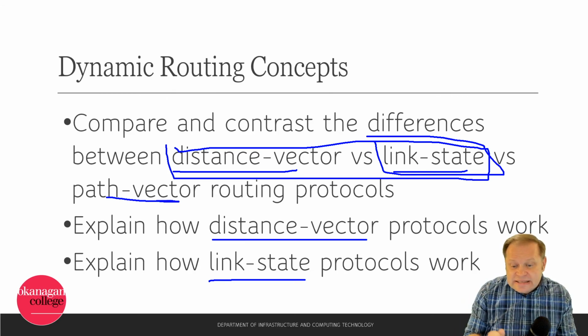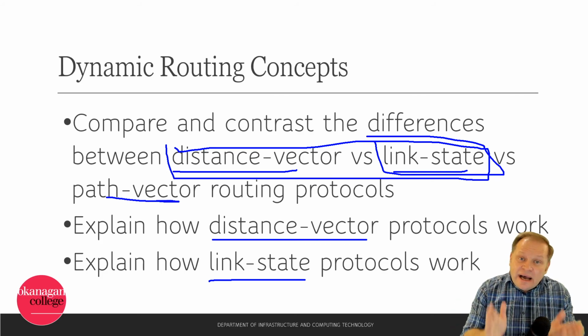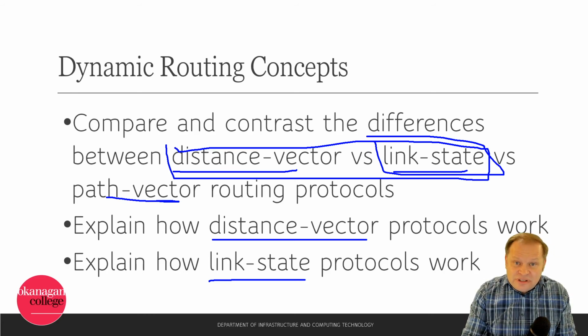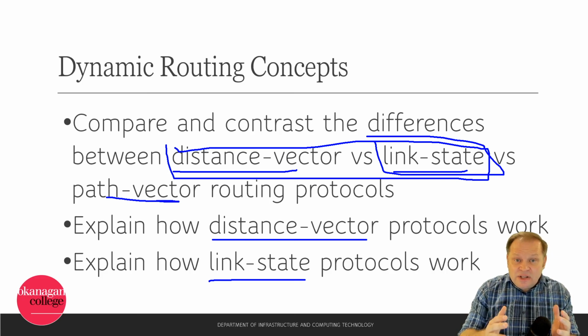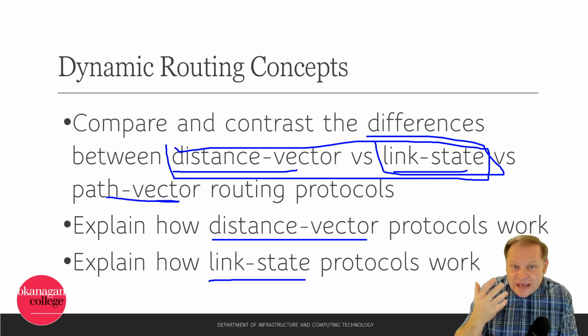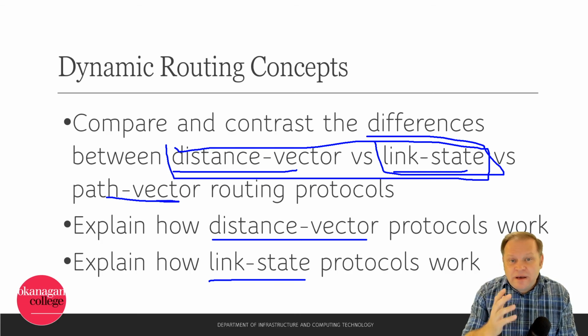In a link state protocol, as the router, as I start talking to my neighbors, I am going to end up learning everything that every neighbor knows. Not just what my neighbor knows, but all the information that their neighbors know and the information that their neighbors know. And that's going to give me an entire picture of the entire topology. And so if you understand those two differences, we'll see how that implements and affects our design as we start digging in. But that is a good foundation for understanding dynamic routing.